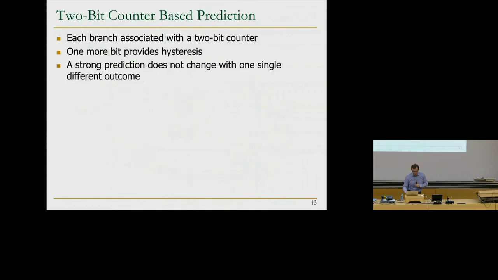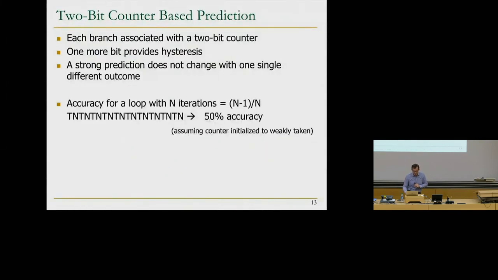Okay, so I've already said this, weakly taken, strongly taken over here. If you actually do this, then you have a big gain in this sort of branches. If your branch shows behavior like this, taken, not taken, taken, not taken, taken, not taken, that's different every single time, you still get 50% accuracy in this case. Why? Because let's assume that you start with weakly taken.